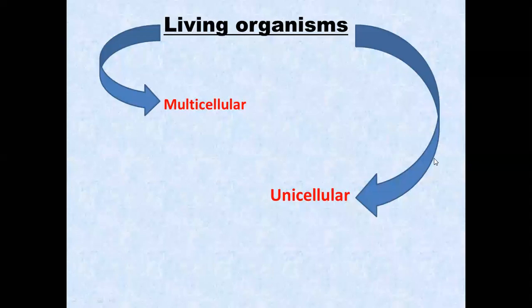So again, the living organisms are divided into two types. The first one is called multicellular, and the second one is called unicellular. What is the meaning of those?